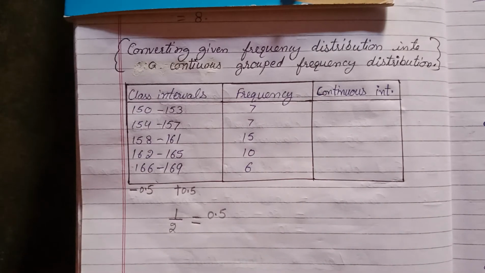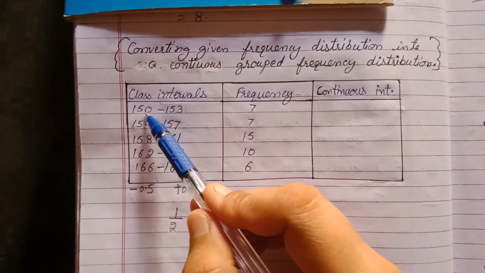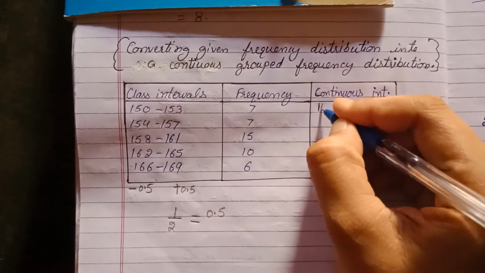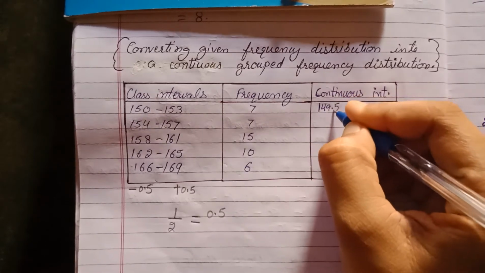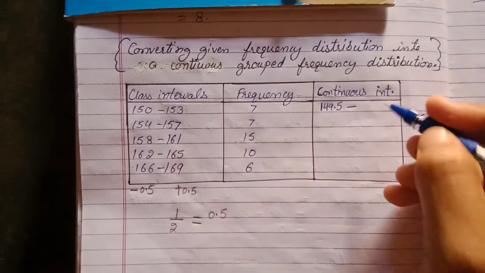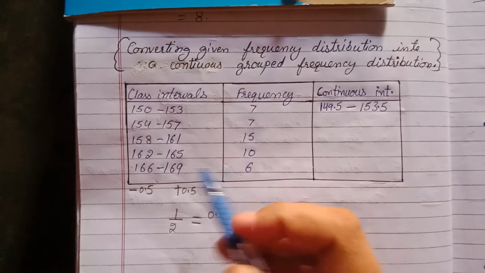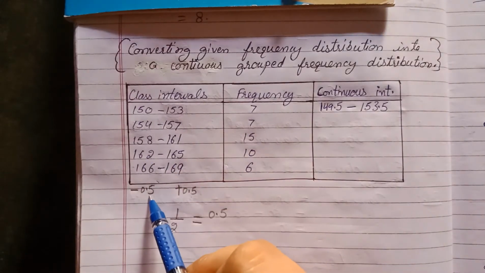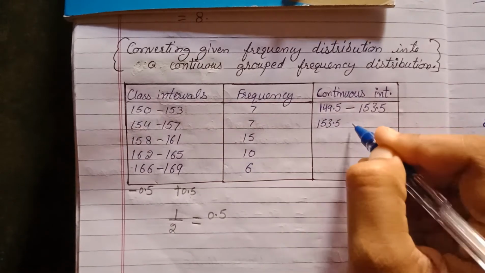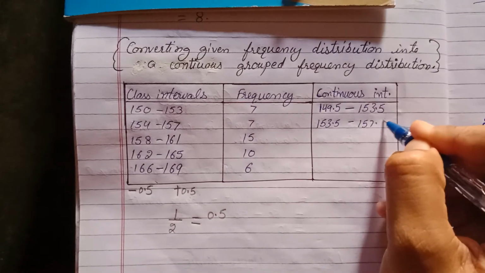So let us do it. We will subtract 0.5 from 150, so 150 minus 0.5 gives 149.5. Then for the upper limit we have to add 0.5, so it will be 153.5. Then from the next lower limit we subtract 0.5, so we get 153.5. In the upper limit we add 0.5, giving 157.5.